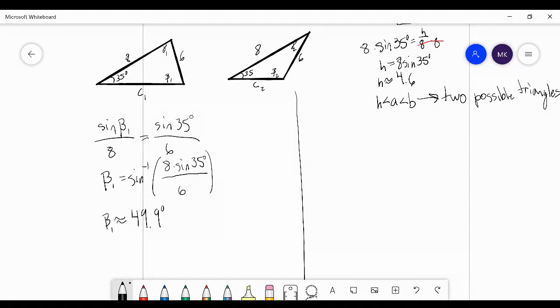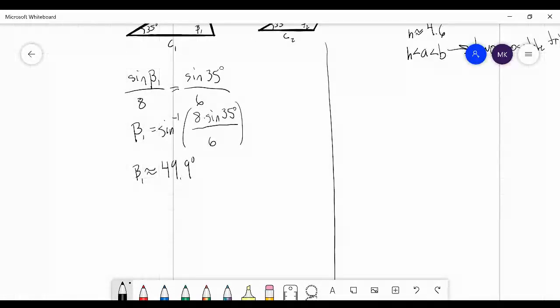Okay. So from there, gamma 1 is 180 degrees minus 35 degrees minus 49.9 degrees. So gamma 1 is 95.1.